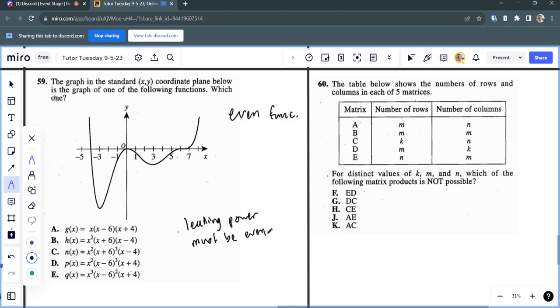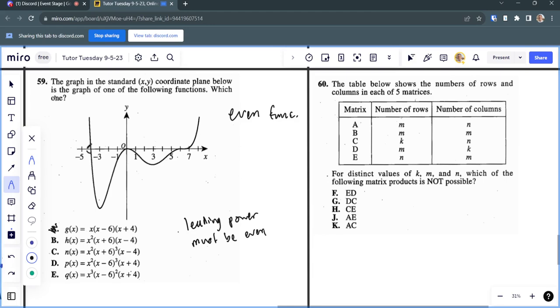We have to have like x squared or x to the fourth or x to the sixth, x to the eighth. We can't have something like x cubed. So we could rule out answer choice A, right? That would be x times x times x, that's x cubed. B could work, C could work, D could work, and E could work. So that didn't really rule out that much.